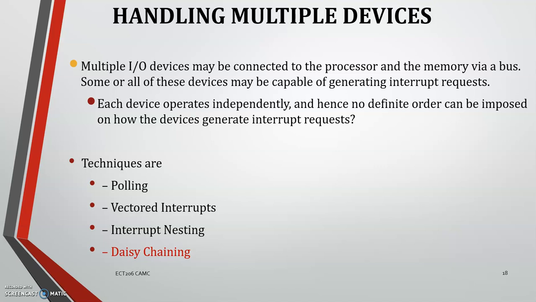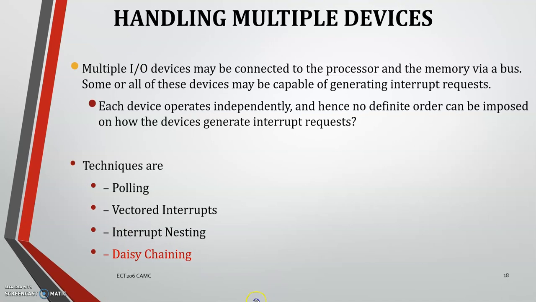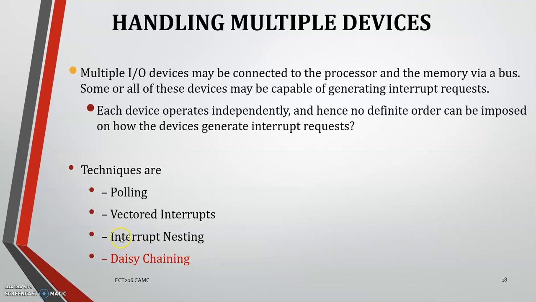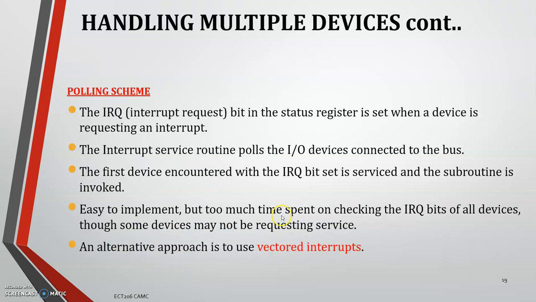Each device operates independently, and hence no definite order can be imposed on how the devices generate interrupt requests. So the techniques are polling, vectored interrupts, interrupt nesting, and daisy chain.